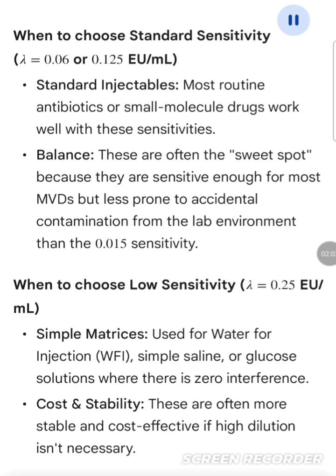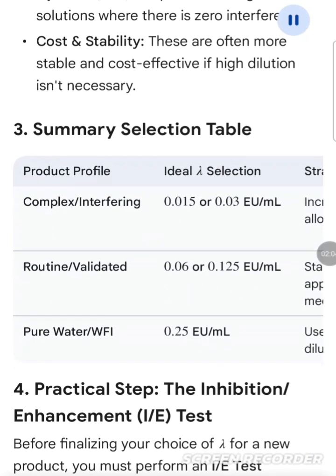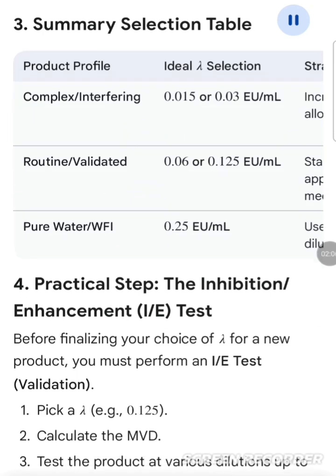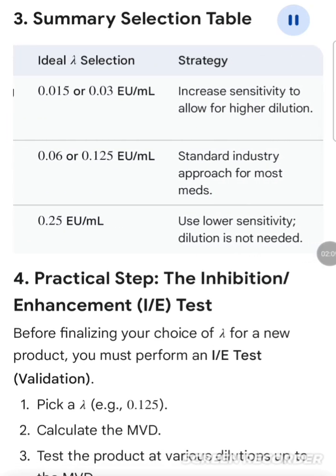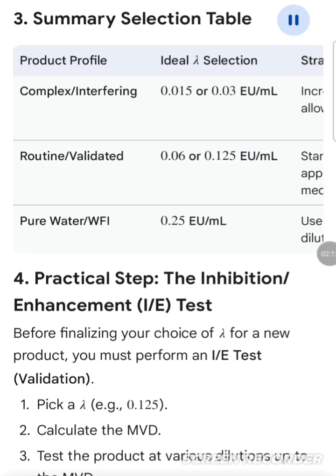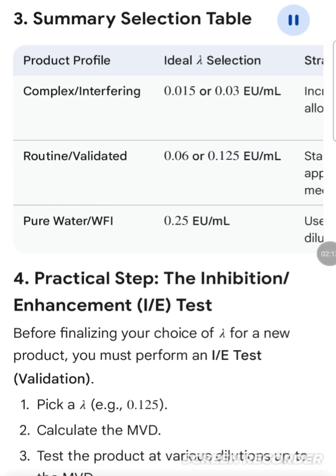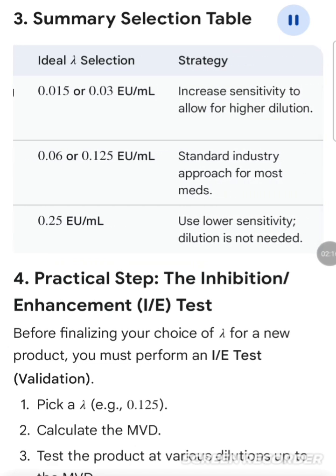3. Summary selection table. Product profile, ideal lambda, selection strategy. Complex or interfering: 0.015 or 0.03 EU per milliliter. Increase sensitivity to allow for higher dilution.